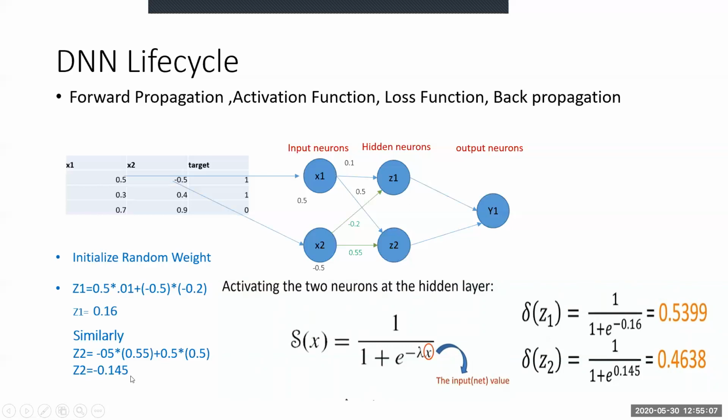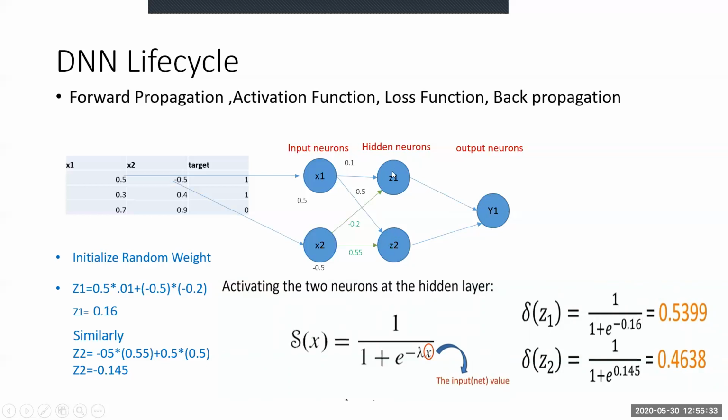So this z2, 0.145, would be passed in the place of x, and then the value of 0.4638 would come. So now this value of 0.53 and 0.46 is the value of this hidden neuron, and z2 respectively. So when you again calculate the value of y, this would be the input for y.